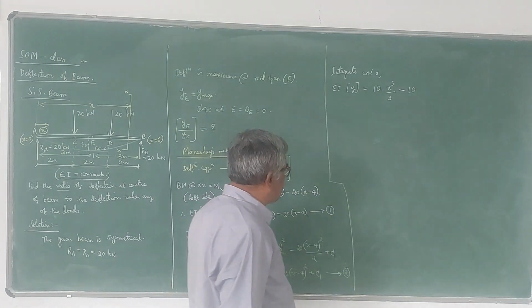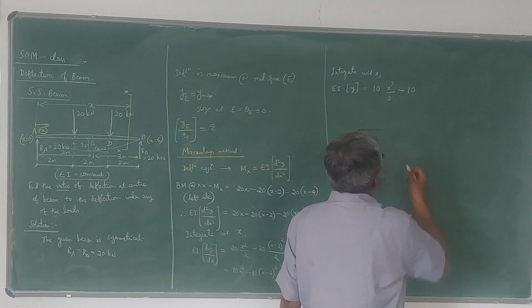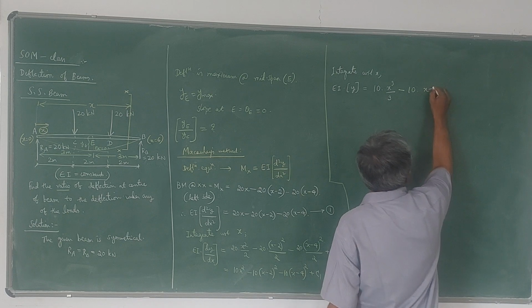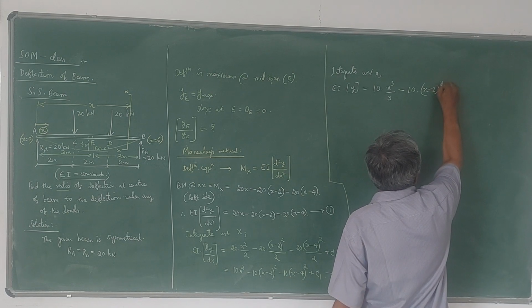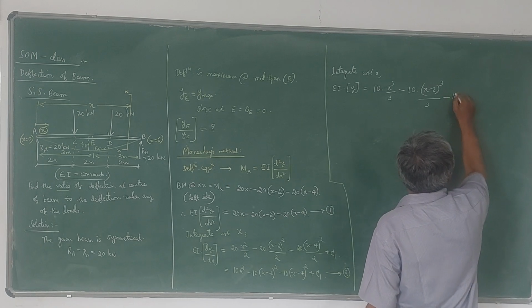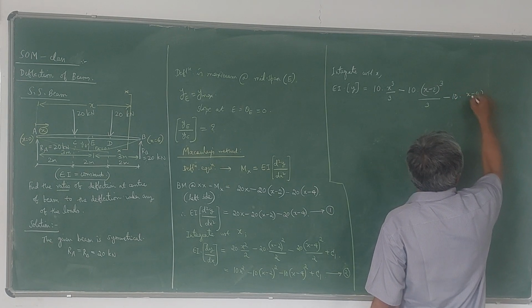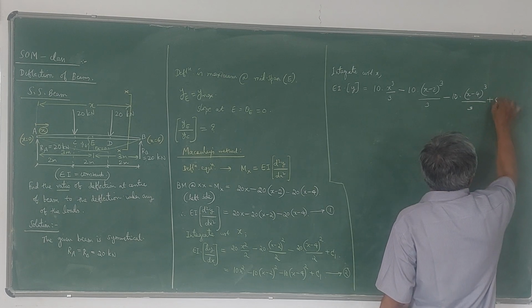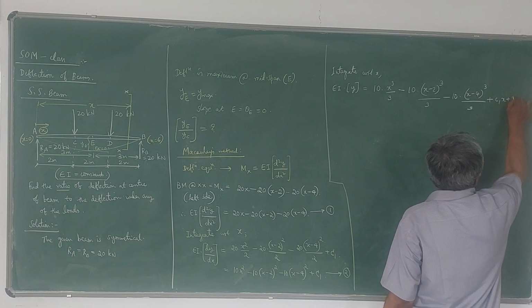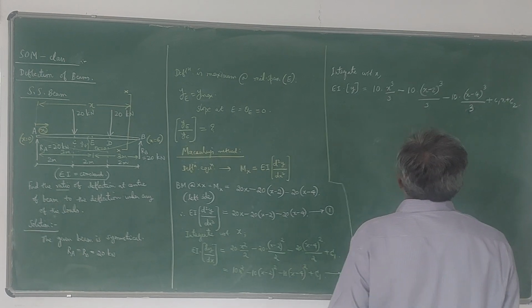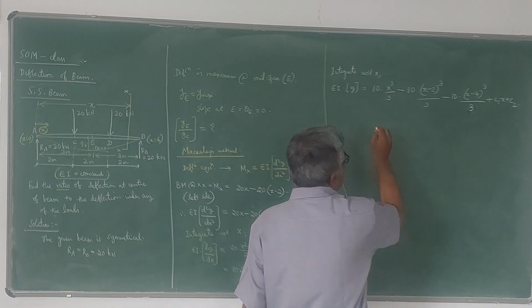So x minus 2 whole square becomes x square, integration of that will be x cube by 3. That means x minus 2 whole cube by 3. Then minus here also 10 into x minus 4 whole cube by 3, plus C1x plus C2. So one more constant of integration term will come into the picture. So this is the deflection equation.